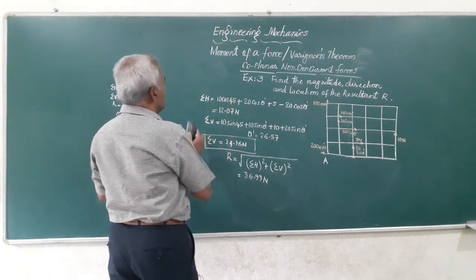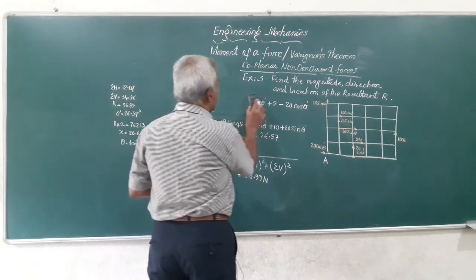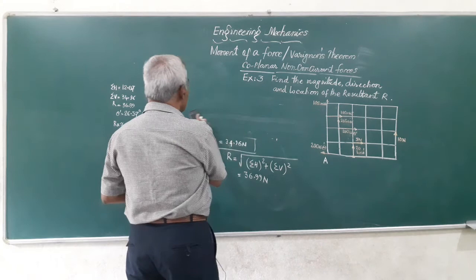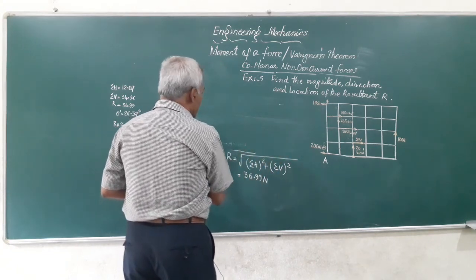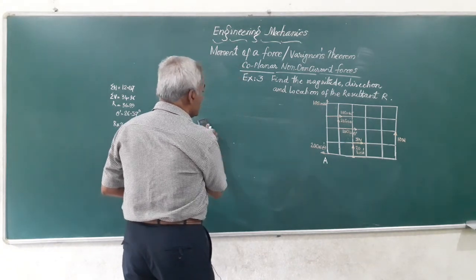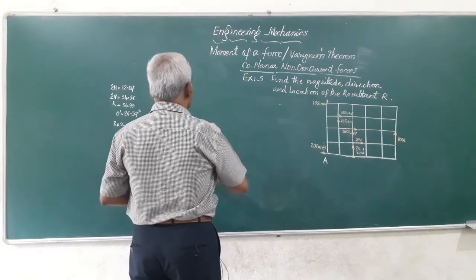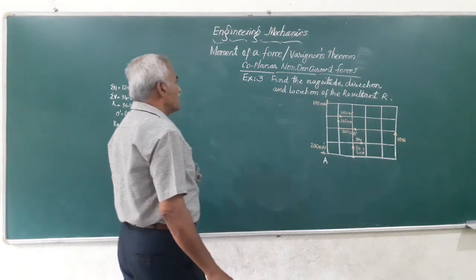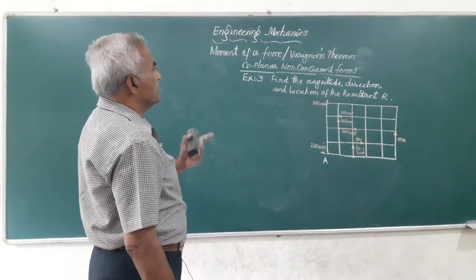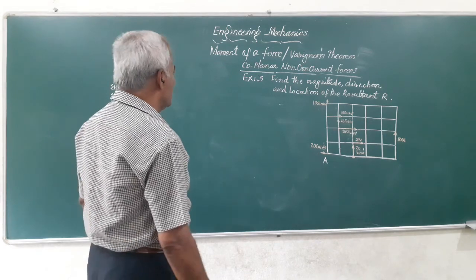So friends, you have got the value of the resultant, and the question is asking you to find the magnitude of the resultant and its inclination.